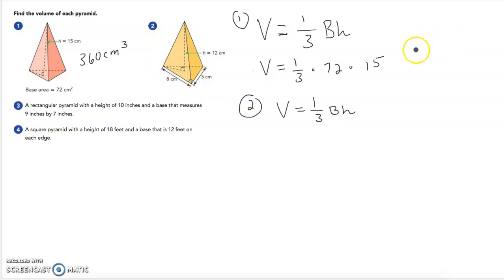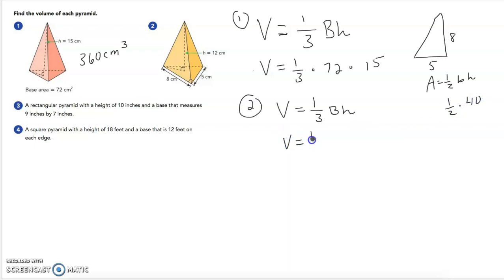So it's a triangle that has a base of 5 and a height of 8. So again, to find the area of a triangle, we do area is equal to 1/2 base times height. Well, the base times height is 40. So 1/2 times 40, or 1/2 of 40, is 20.